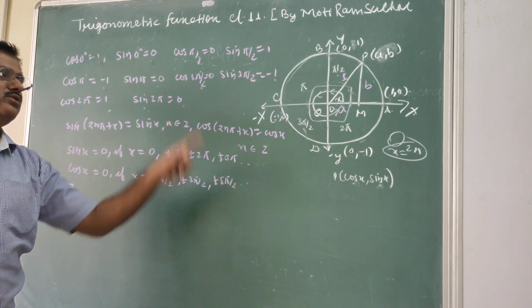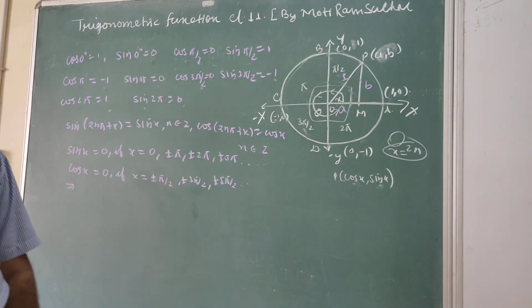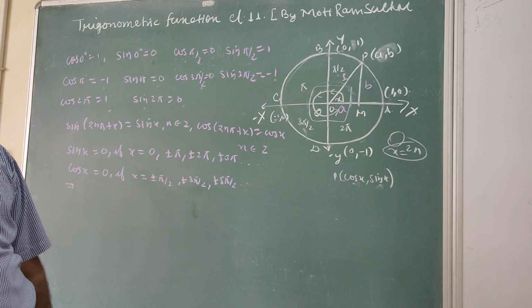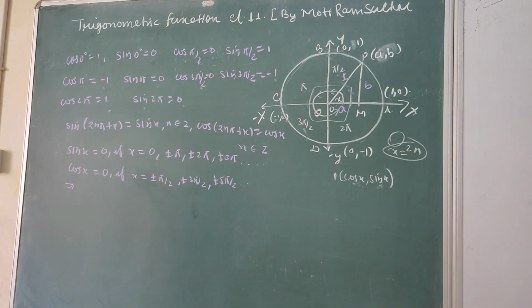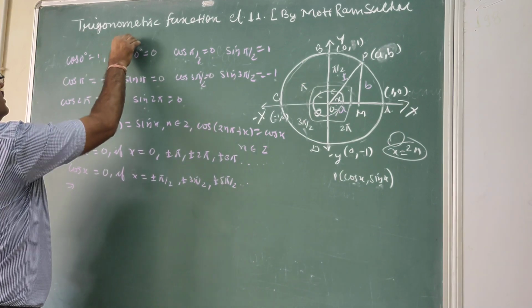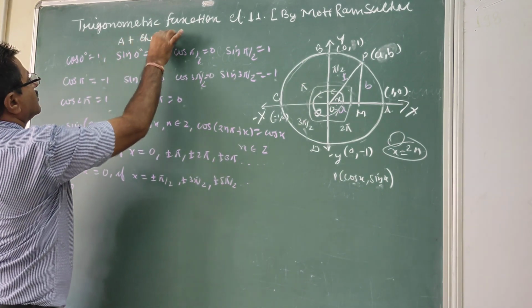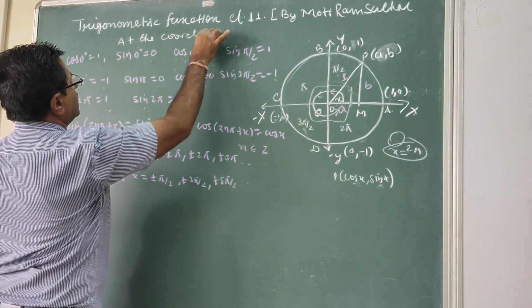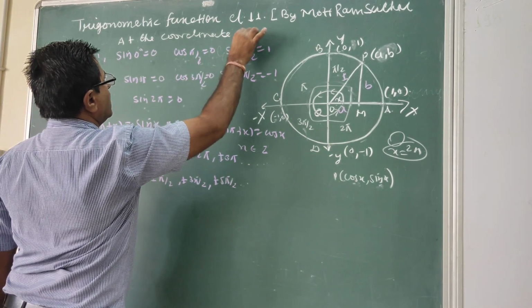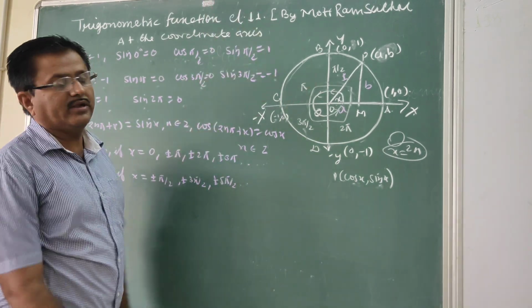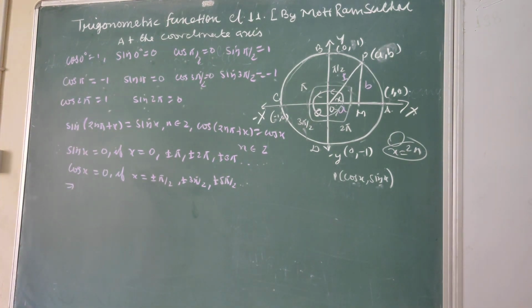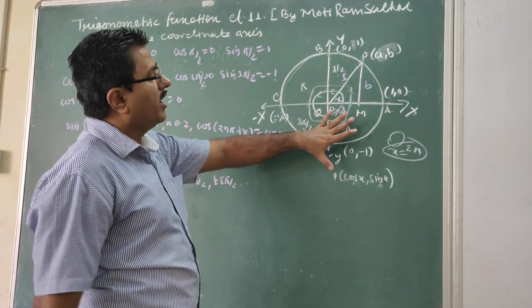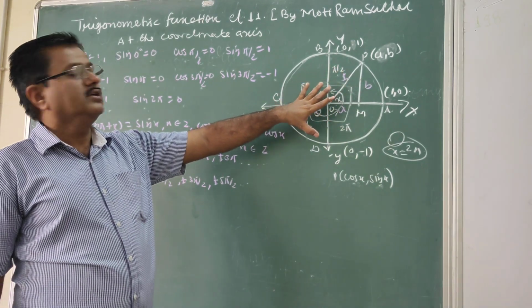In this way you can find all the trigonometric ratios for the different values of theta at the coordinate axes. We are talking about the values of the trigonometric ratios on the axes according to different values of the angle.